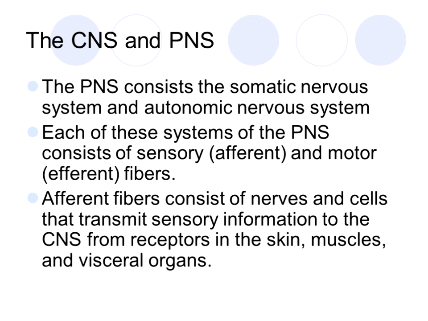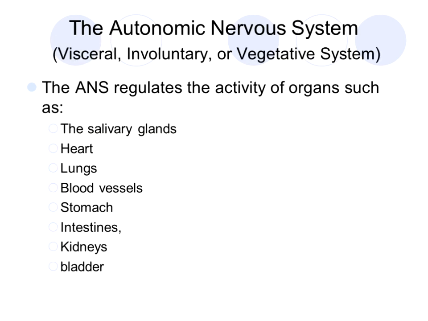The peripheral nervous system also consists of the somatic nervous system and the autonomic nervous system. And each of these systems consists of sensory or afferent and motor efferent fibers. The afferent fibers consist of nerves and cells that transmit, of course, sensory information to the CNS from receptors either in the skin, the muscles, or the visceral organs.